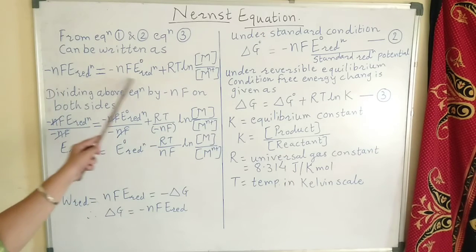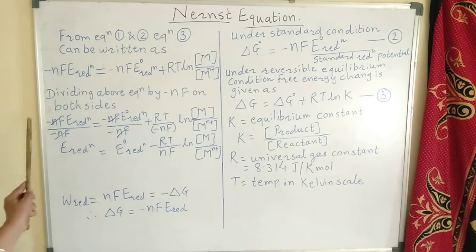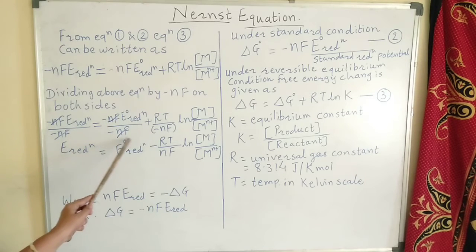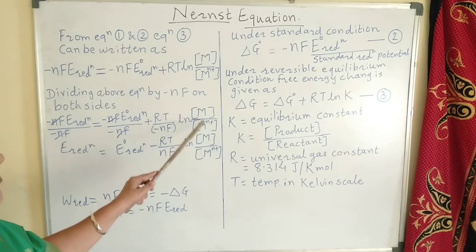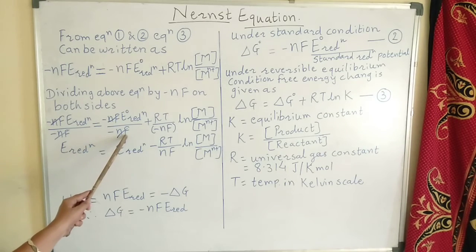Now dividing this equation by minus nF on both sides, minus nFE reduction upon minus nF is equal to minus nFE naught reduction upon minus nF plus RT upon minus nF into ln of concentration of M upon concentration of Mn+. Now here minus nF cancels, here also minus nF cancels.